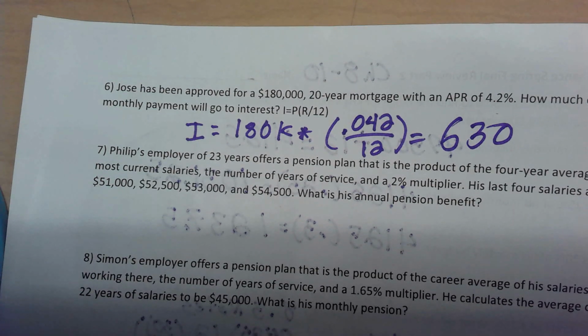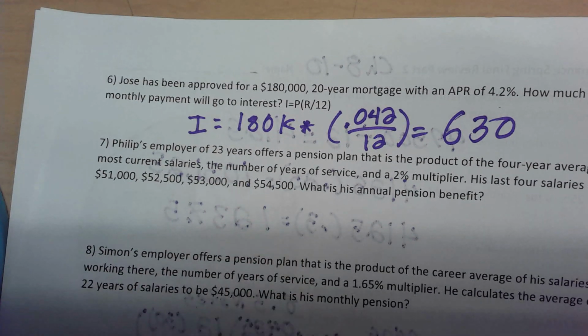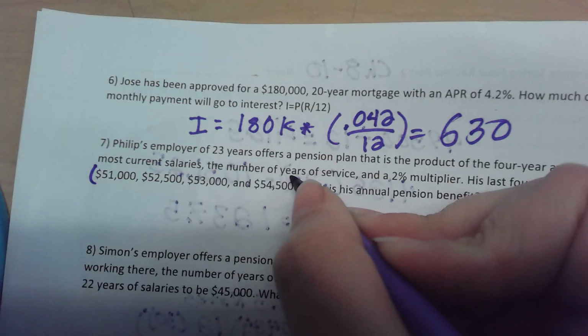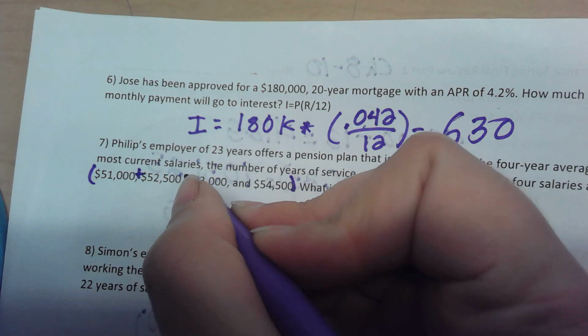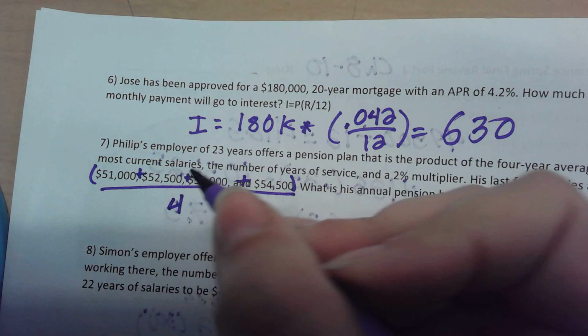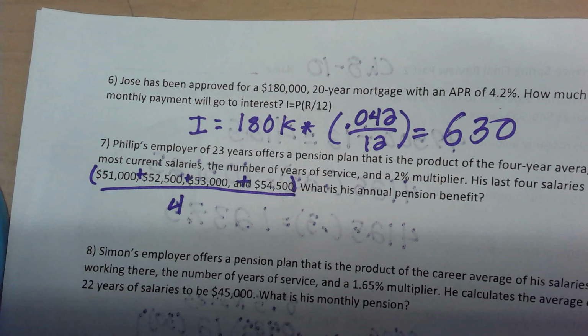Okay. So this one, annual pension. So remember, we're going to add all these together and divide by 4. So we're going to add all of his salaries together, divide by 4. So I go ahead and do that.